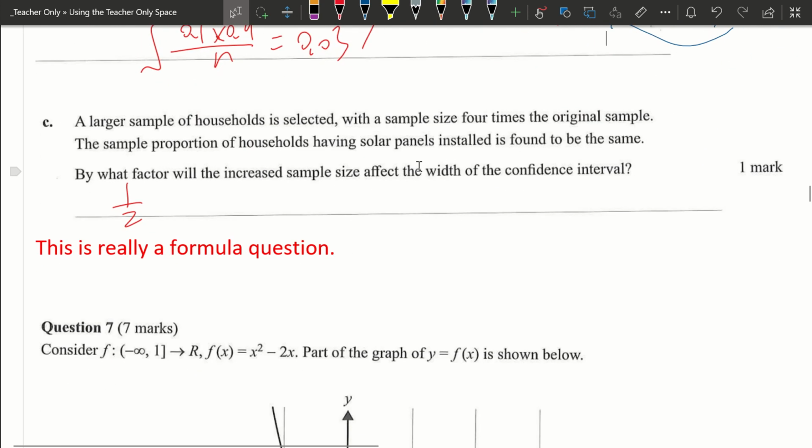Okay, and then they are now selecting a larger sample. The sample size is 4 times the original sample. And then it says the sample proportion that is found is the same as before. By what factor will the increased sample size affect the width of the confidence interval?